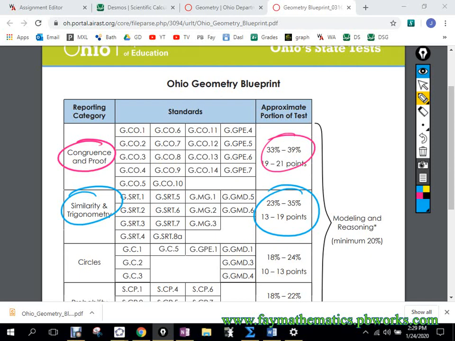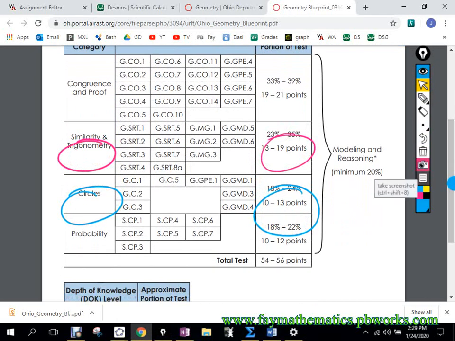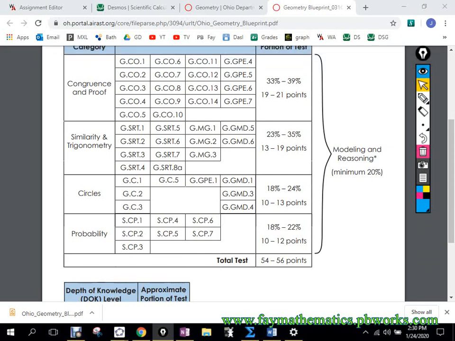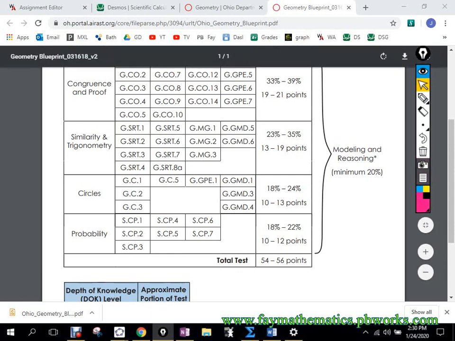And then the remaining part of the test, if we do the addition of these, could be upwards of a third of your test to a half of your test, is going to involve circles and probability. So right now, what we're going to focus on is getting a good understanding of this category of ideas.